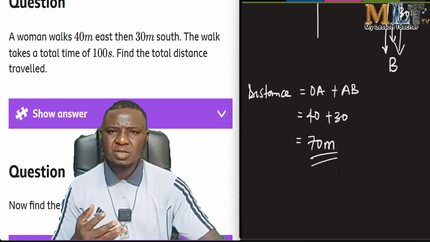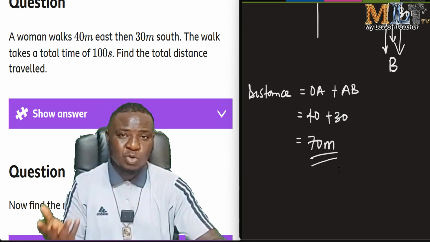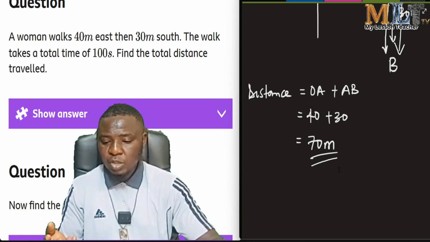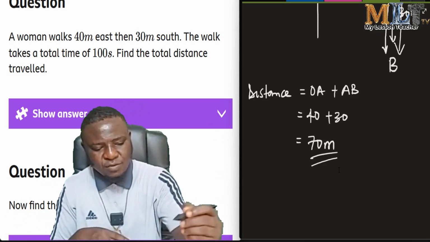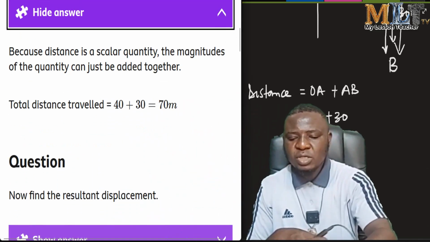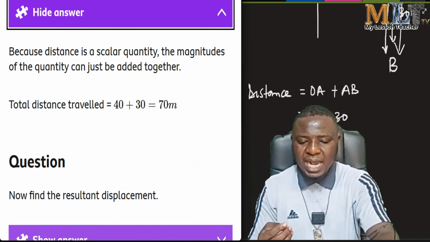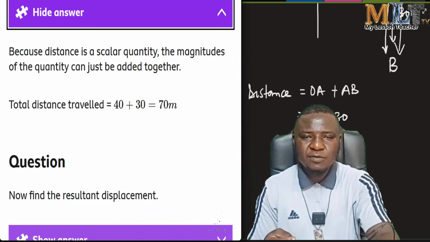The time has nothing to do with it, so that may just be something to distract you. Let's check the answer. Yes, because distance is a scalar quantity, the magnitudes can just be added together. So total distance traveled is equal to 40 plus 30, which is equal to 70 meters.